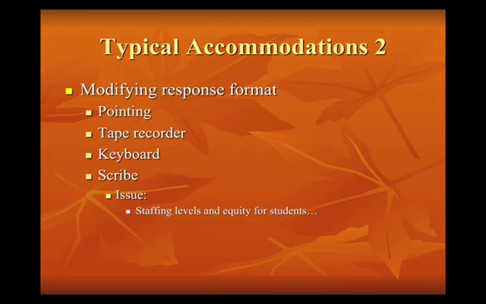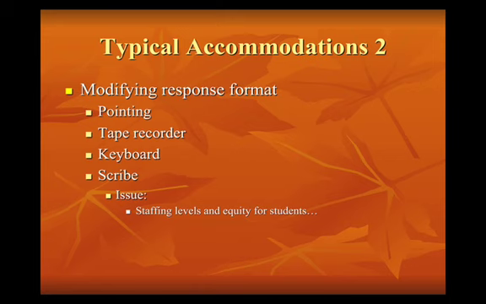And one of the issues, I think, with using a scribe is staffing levels, and whether we can ensure that there's equity for students. In some schools we have lots of staff to assist students with scribing. In other schools there's not nearly the capacity within the school system to provide ed techs or other kinds of adults that could assist students with scribing their work.